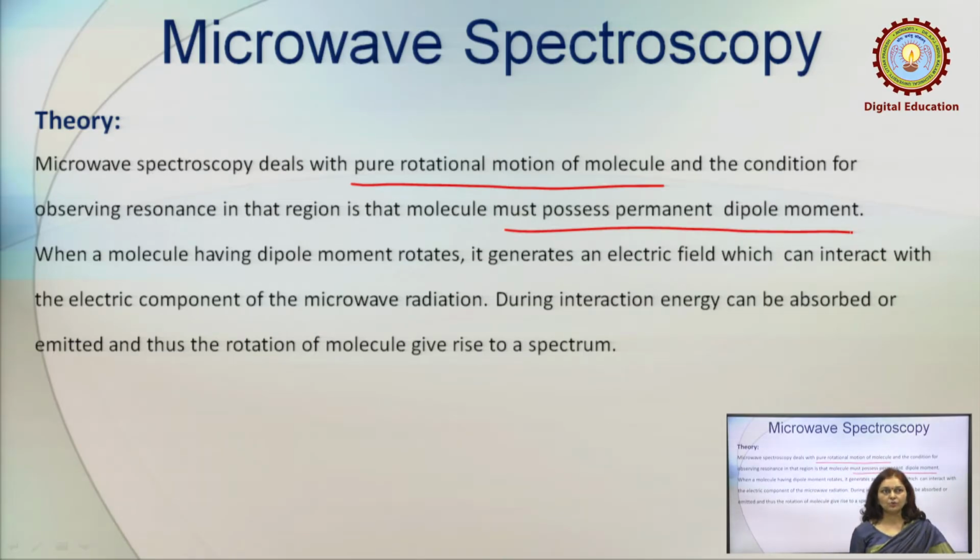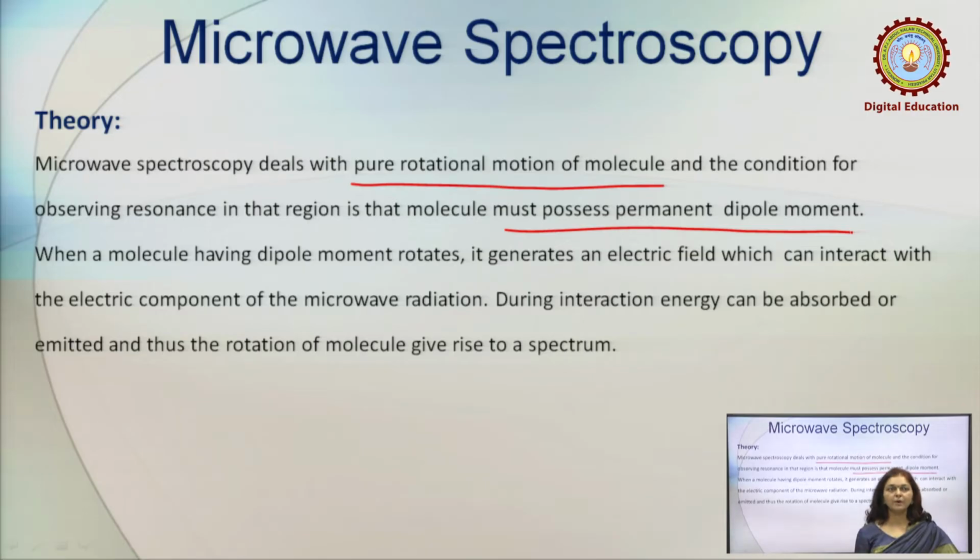When a molecule having dipole moment rotates, it generates an electric field which can interact with the electric component of microwave radiation. During interaction, energy can be absorbed or emitted, and thus the rotation of molecules gives rise to a spectrum.